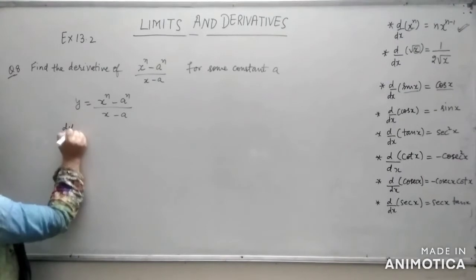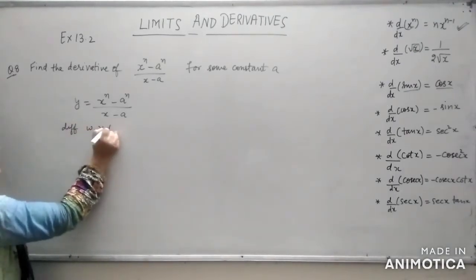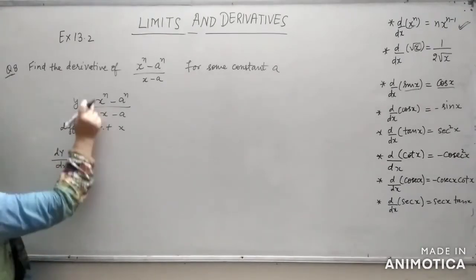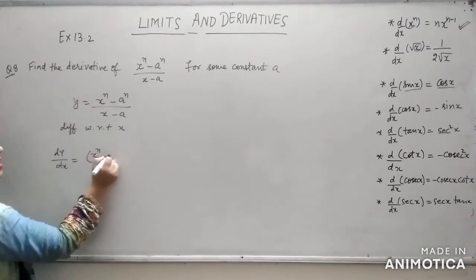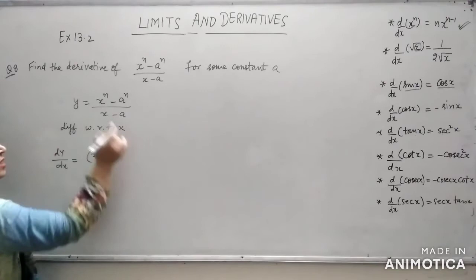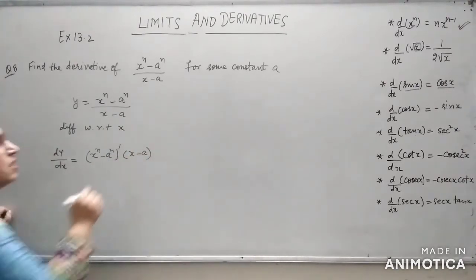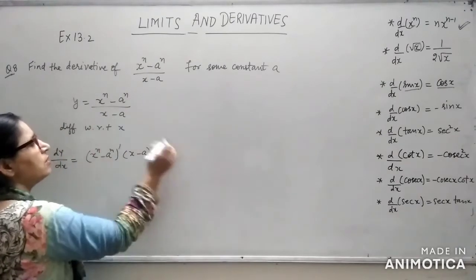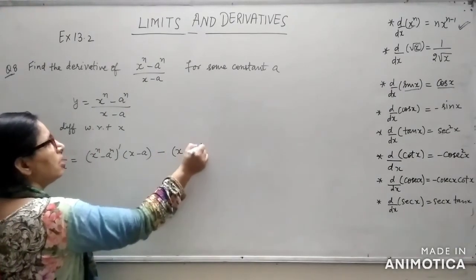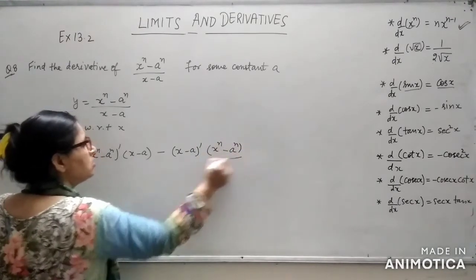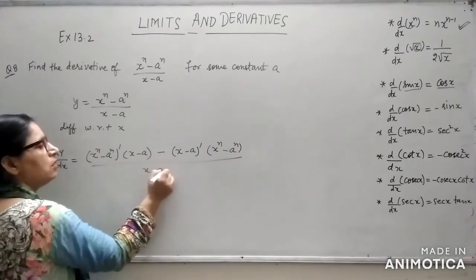So we will do it like this, differentiating with respect to x. dy by dx is equal to the derivative of the numerator, (x^n minus a^n)', and this denominator as it is, then minus. Now the derivative of the denominator, and the numerator written as it is, upon the square of the denominator.